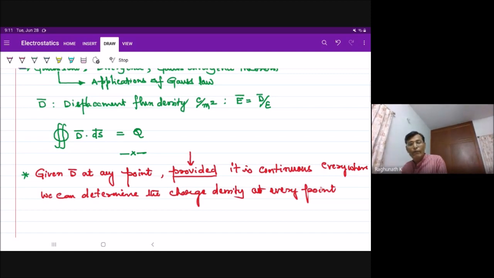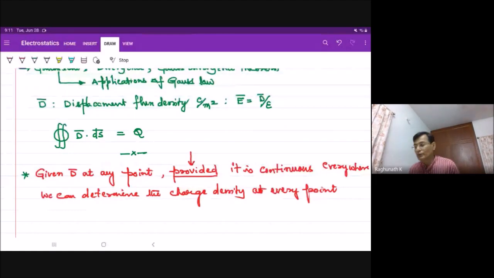Yesterday, we saw that it is divergence. We proved it. But for the sake of mathematics, I need not worry about the proof. I need the formula. We derived the volume charge density to be dou by dou x of Dx, the x component of the flux density, plus dou by dou y of Dy.